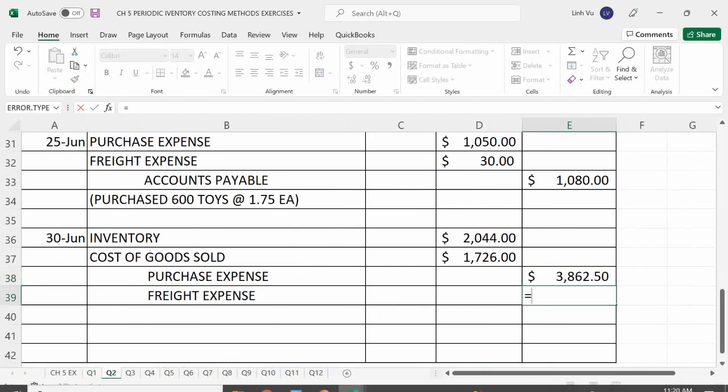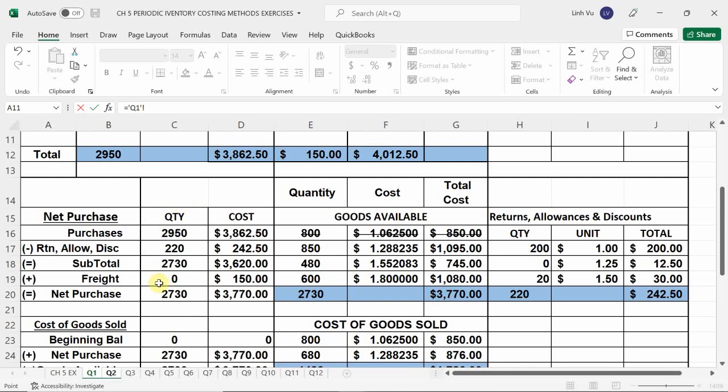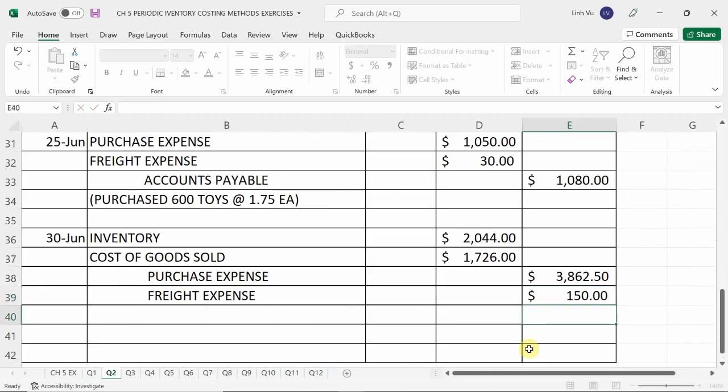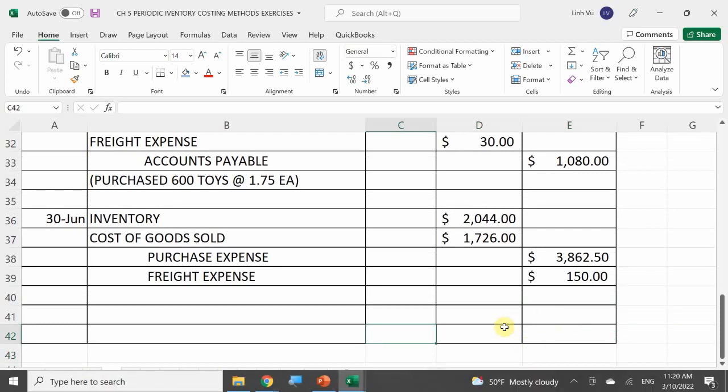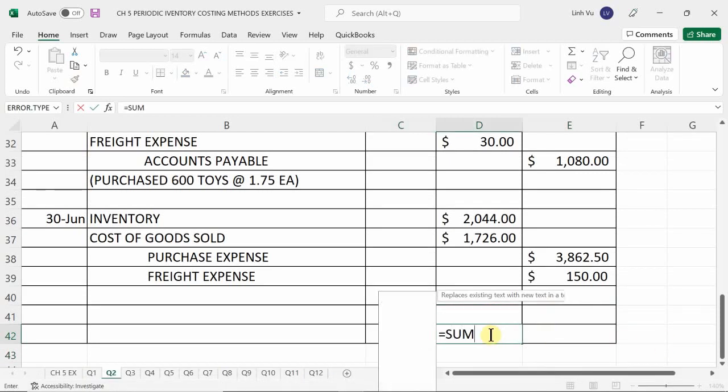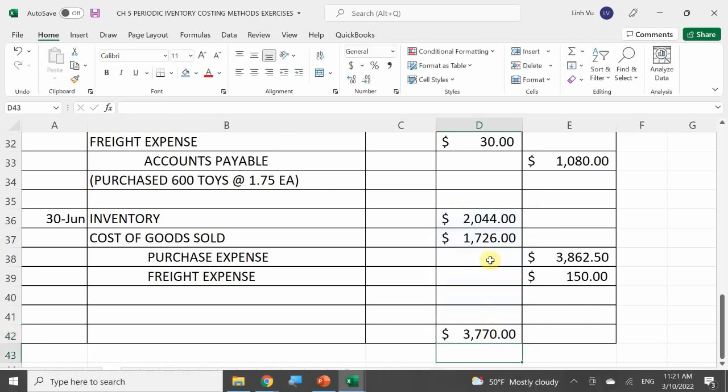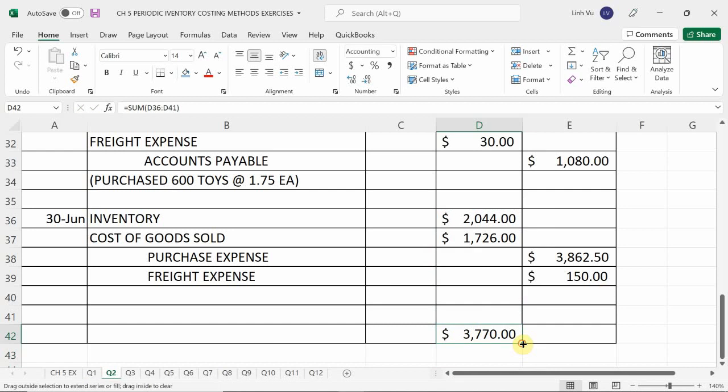And then what was my total freight? $150. So in this case, let's go ahead and double check my table here to see if my total debits equal my total credits. So I got a total debit of $37.70 versus my total credit of $4,012.50. I'm missing a debit.